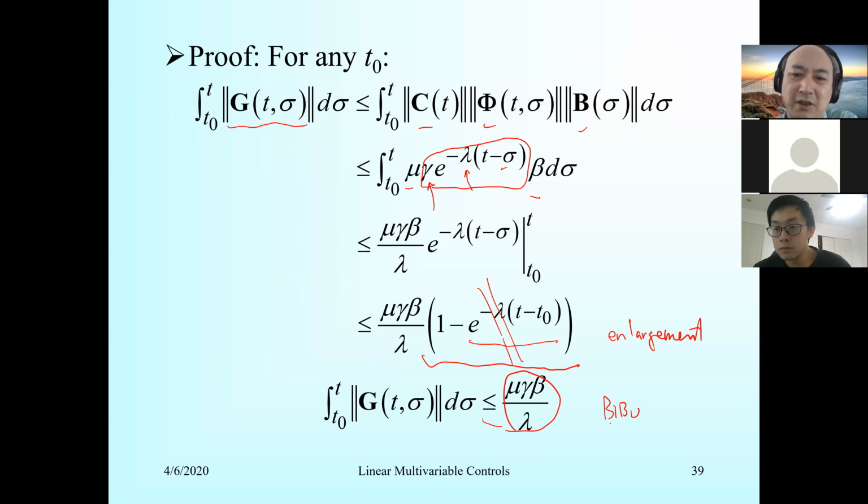So if the system is exponentially stable, this is true, and B and C are bounded, then this is bounded, so this is BIBO. So that's the proof. This is for one side, okay? So this is the 'if' side, and the 'if' is sufficient. And here is necessary.